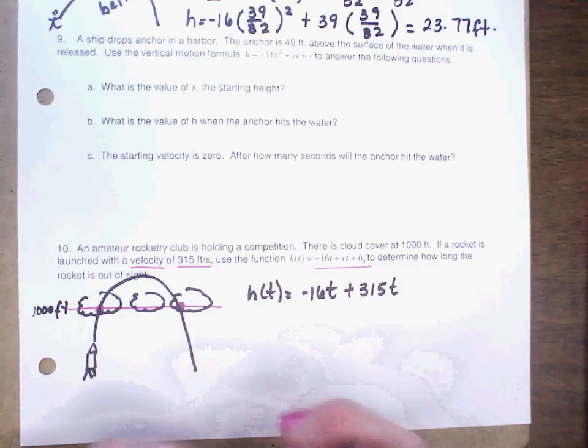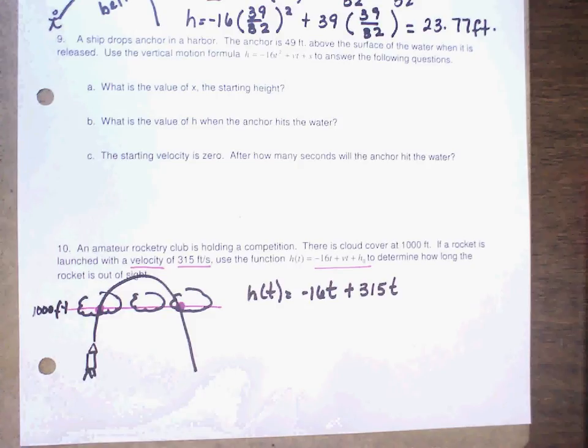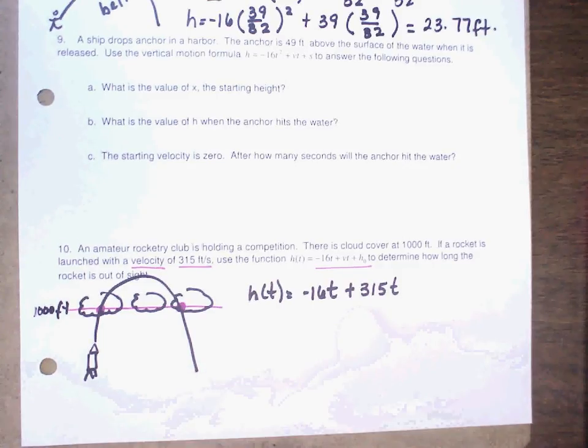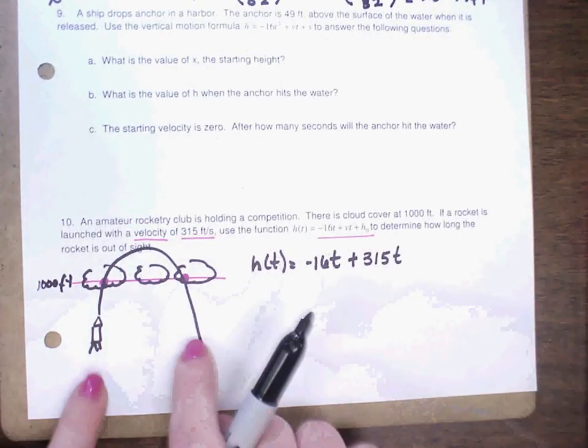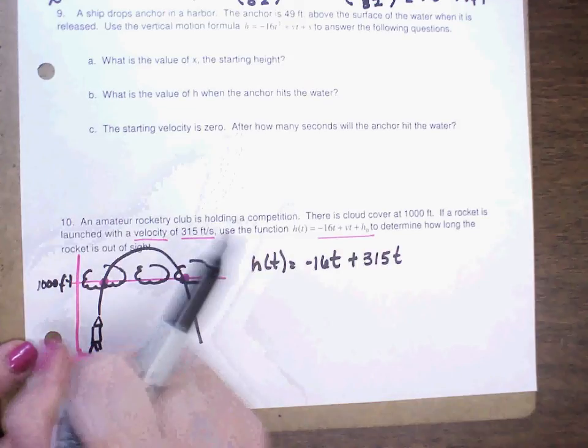It doesn't tell you that it's at ground, so we're going to assume that it's at ground. If it doesn't tell you it's 15 feet above the ground or at a building that is 1250 feet, you assume that it's at ground. So do I need to do anything else to this equation? No. All right. So I'm not looking for zeros, am I? So I don't have to solve anything. Am I looking for the maximum height?